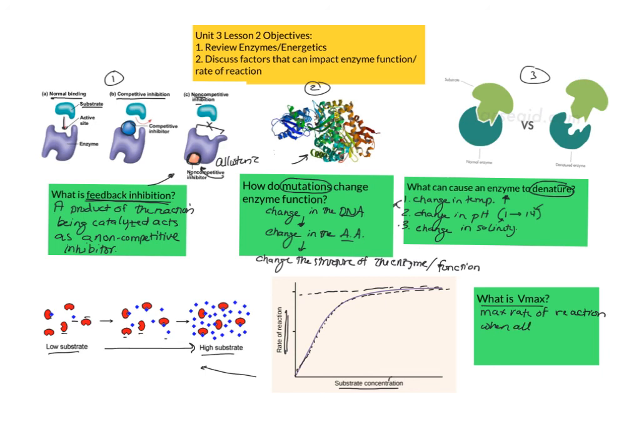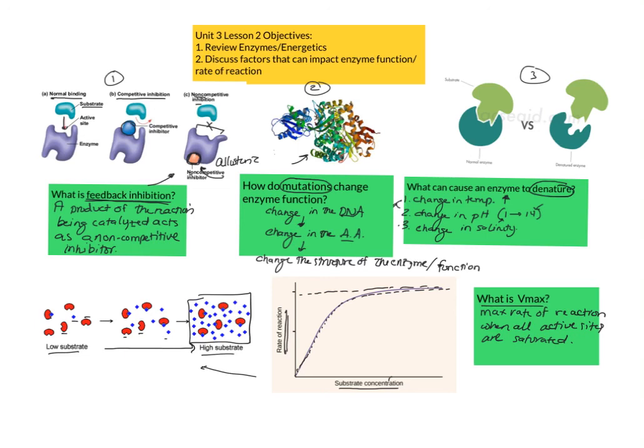This is the maximum rate of reaction when all active sites are saturated. If you think about this figure, if you only have a certain number of enzymes but an infinite amount of substrate, there's going to come a point where all of the active sites are occupied.